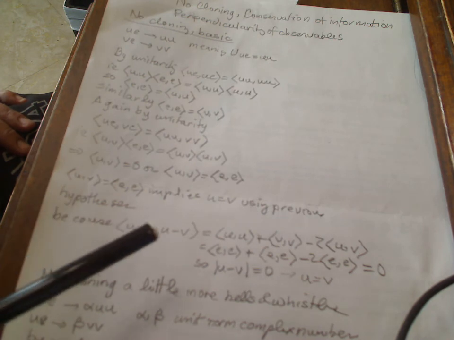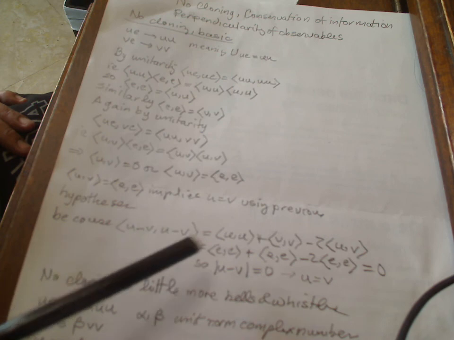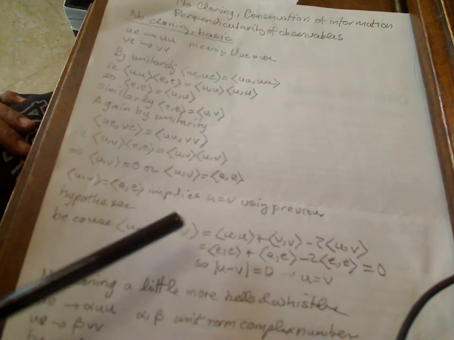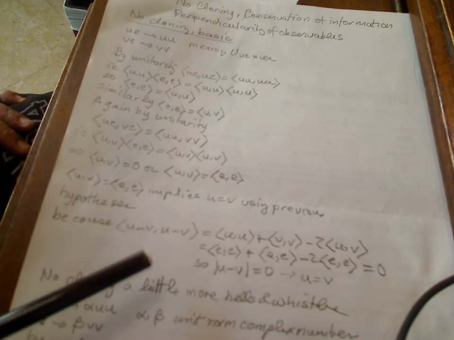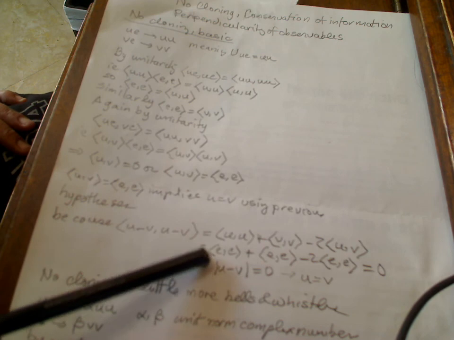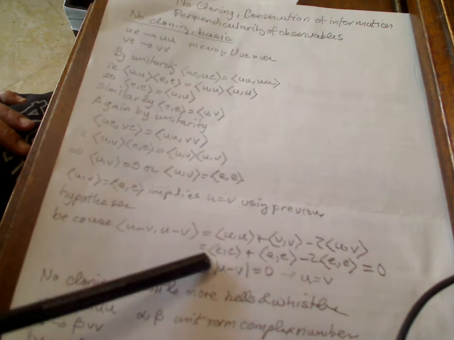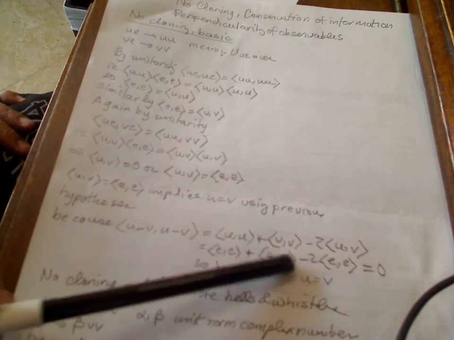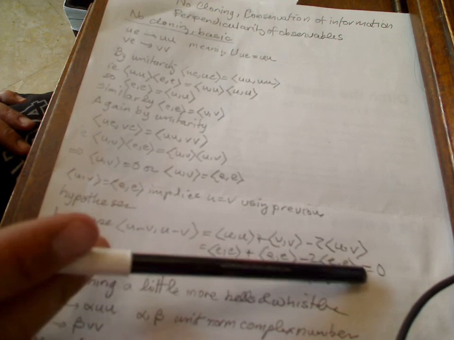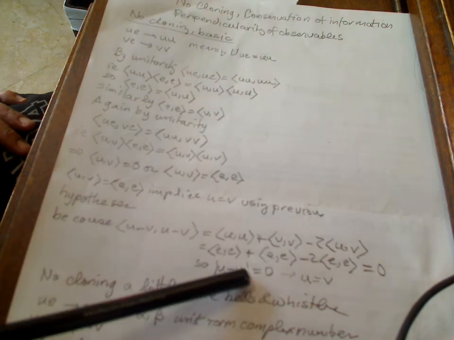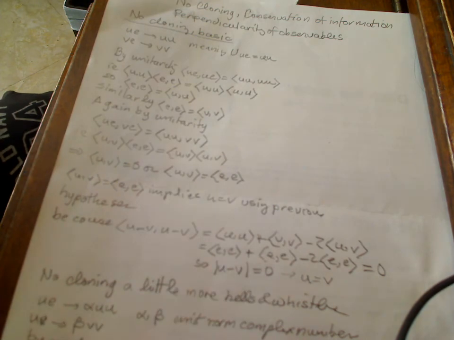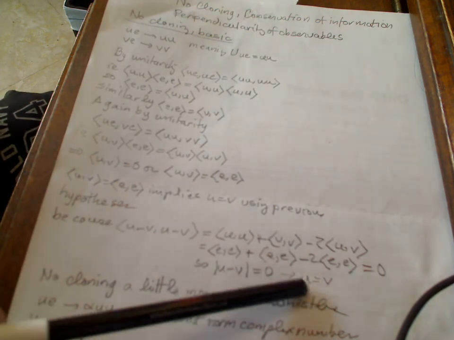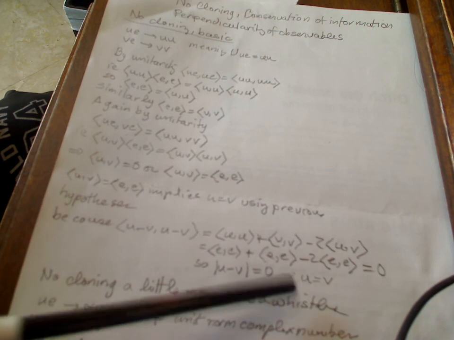And also, if a vector dotted with itself is 0, then that vector is the 0 vector. So we have here UU, which by previous hypothesis is EE, this is also EE, and then minus 2 EE. That whole thing gives you 0. Therefore U minus V dotted with itself gives you 0, which means U minus V is the 0 vector, so U is equal to V. Okay?